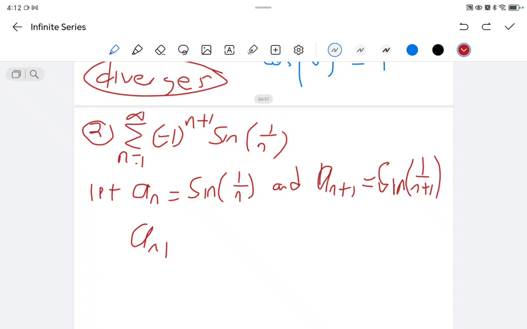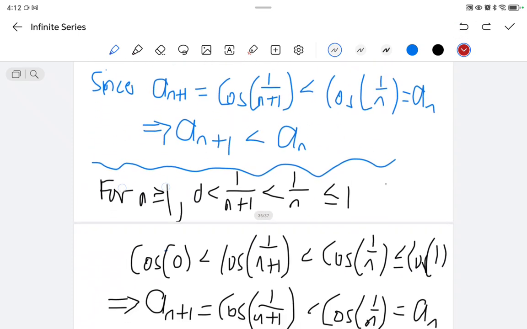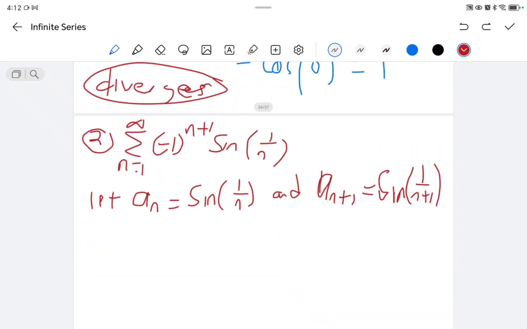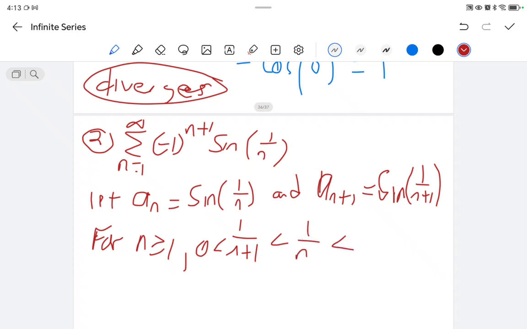So we can use the second condition, this one. For n greater than or equal to 1, we have that 1 over n plus 1 is greater than 0, and this will always be the case, and this will be less than or equal to 1, so it will be approaching a certain number.